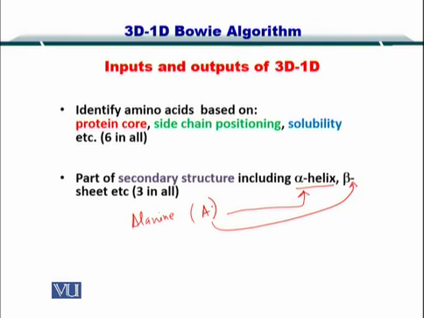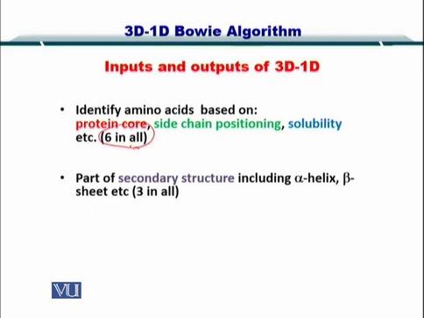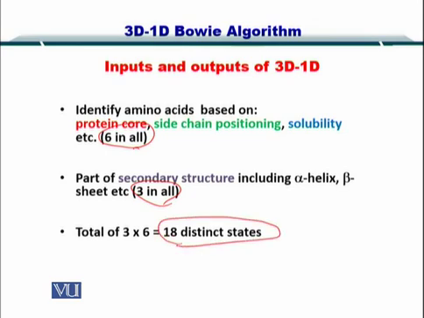So depending on how many times alanine occurs in alpha helix, beta sheet and loops, you create a profile for alanine in the secondary structures as well. So if you create a profile for, let's say, 6 attributes and 3 secondary structures, then you will have 18 different distinct states for each amino acid.